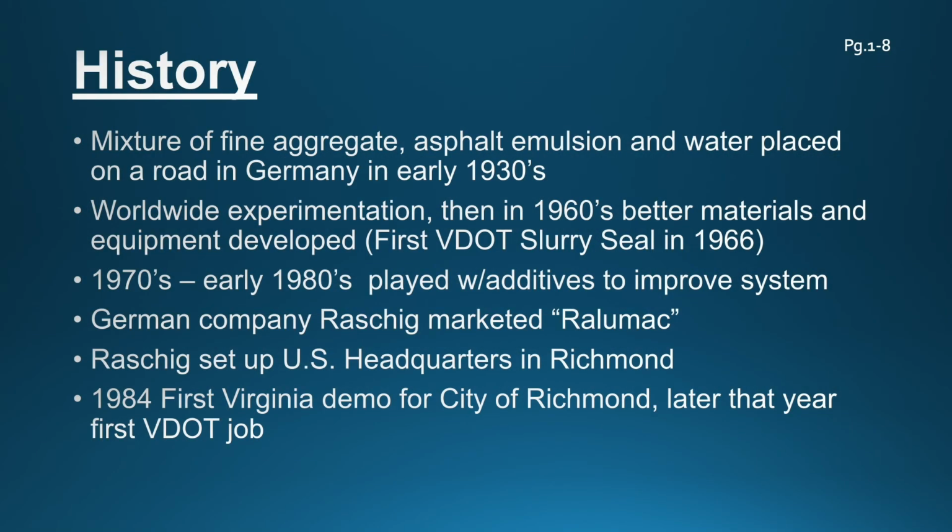Then you move into the 70s and early 80s, as they really began to see the benefits of these treatments. We started experimenting with different additives and chemistry with the emulsions to improve the system. Again, back in Germany at this point, there was a company named Roschig that developed some very expensive thick pavement markings that were being used on the Autobahns.